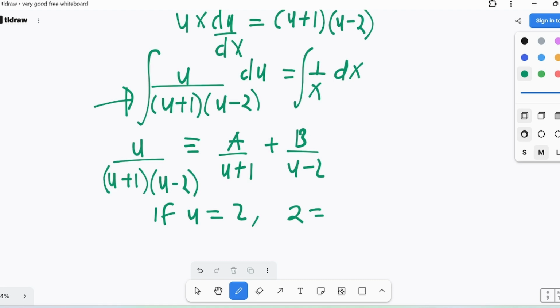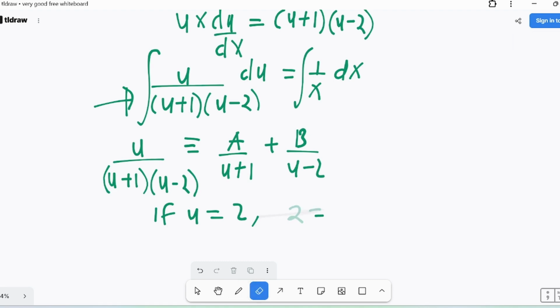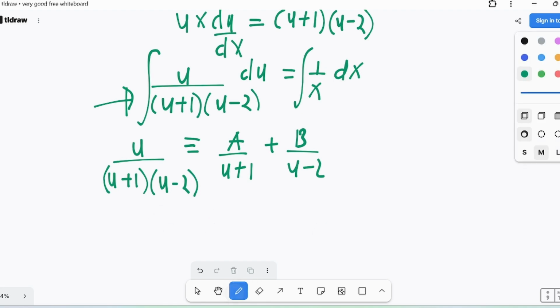Before we substitute, we can first do some simplification here. We simplify, we shall have u is equal to a into u minus 2 plus b into u plus 1. Here is when we begin.